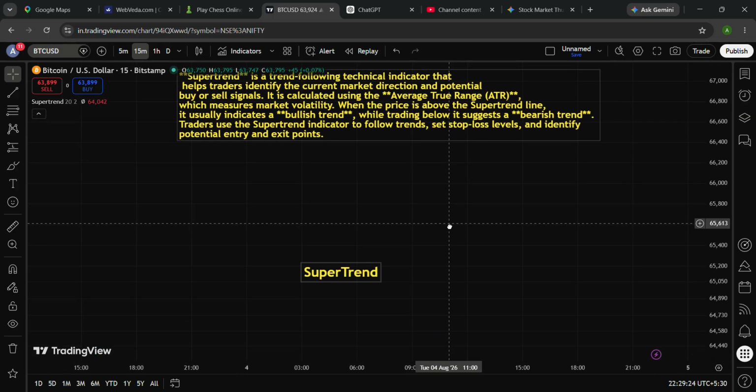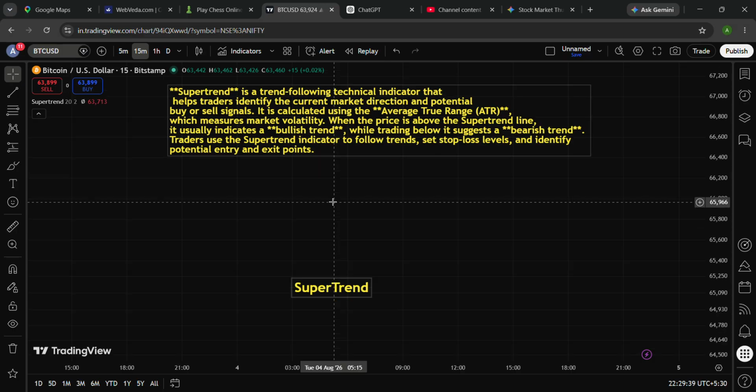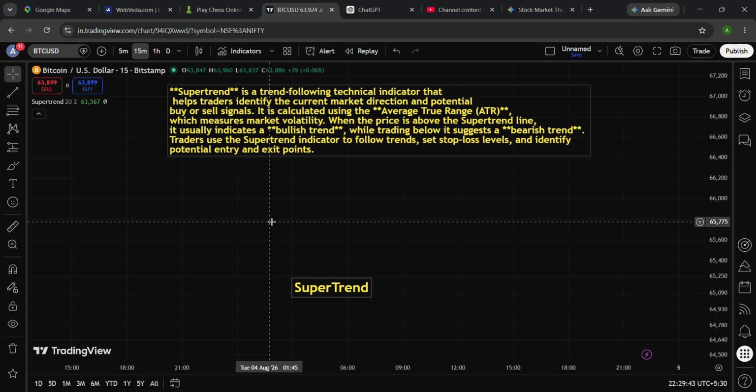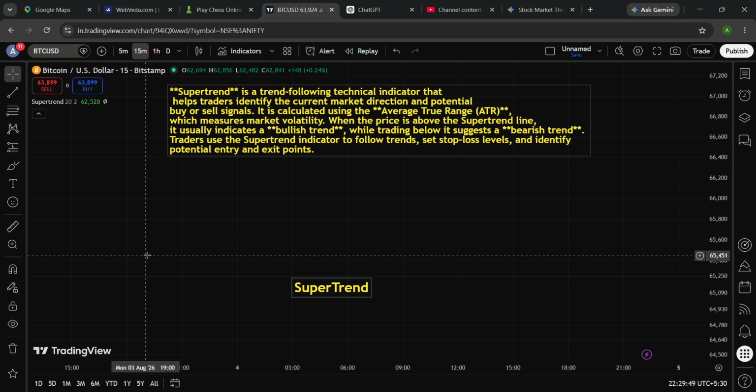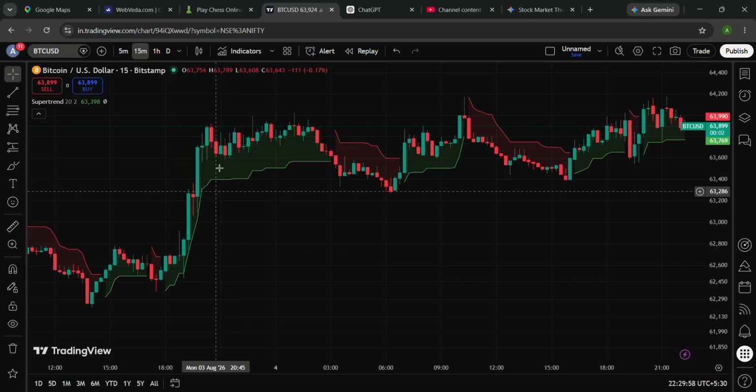If you want to read the definition of it, read it carefully. Super Trend is a trend following technical indicator that helps the trader identify the current market direction and potential buy or sell signals. As we know, there are three kinds of trend in the market: downtrend, uptrend, and sideways. In a downtrend market, the price is constantly moving downward, and in an uptrend market the price is constantly moving upward.